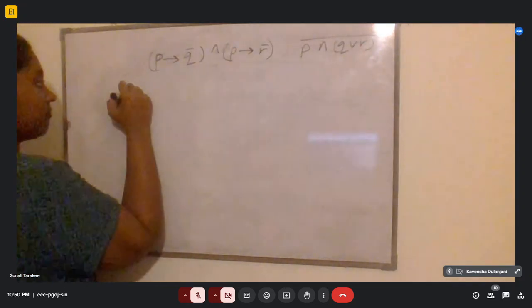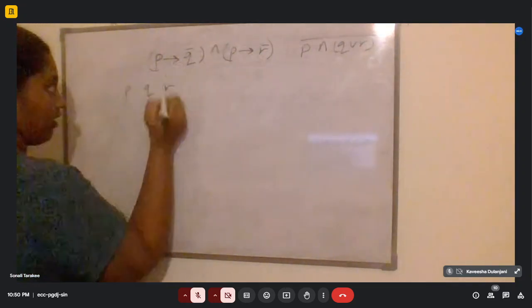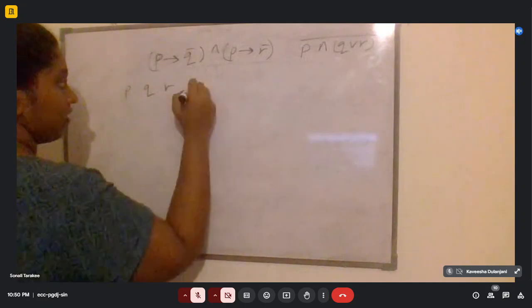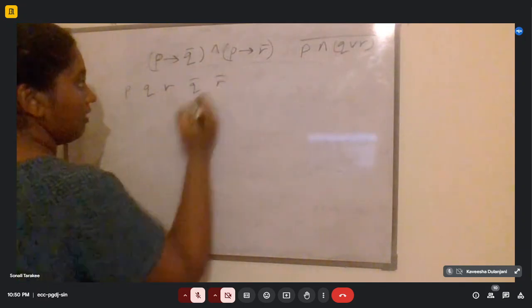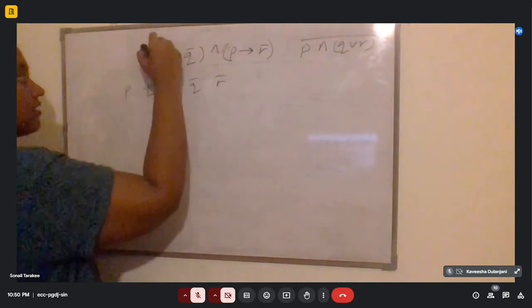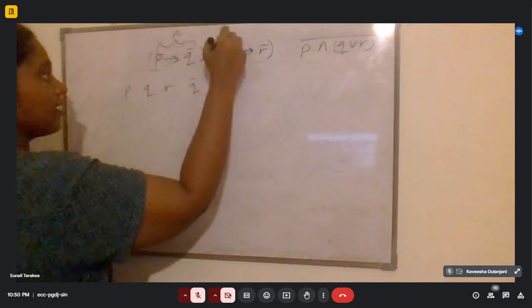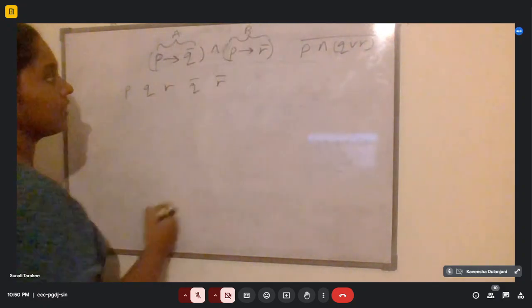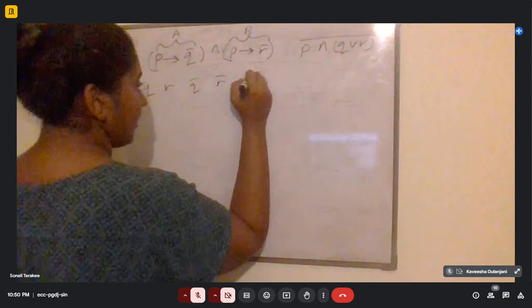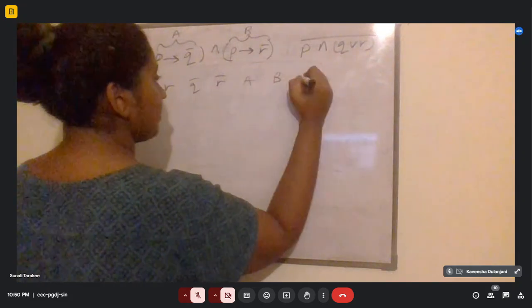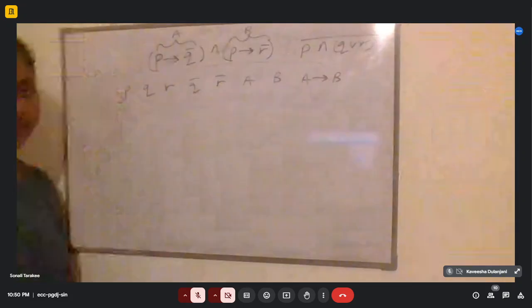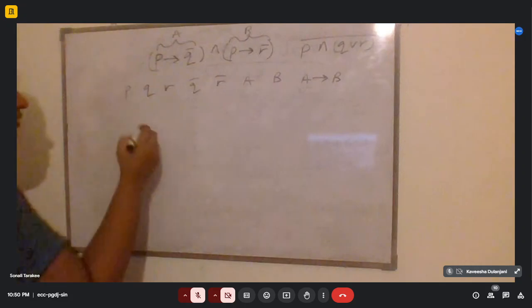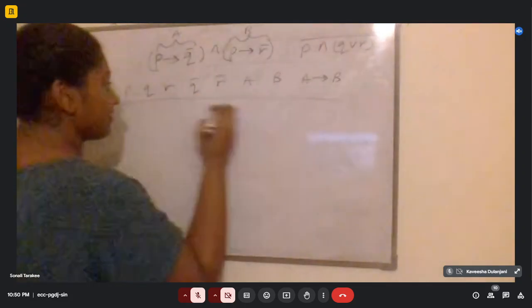So I'll write P, Q, R and Q bar, R bar. I'll take this whole thing as A, this whole thing as B. Then I'll take A, B, A goes to B. So for the values, I can write it like this.